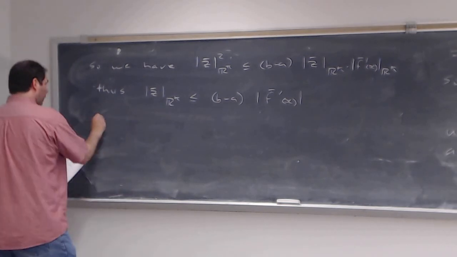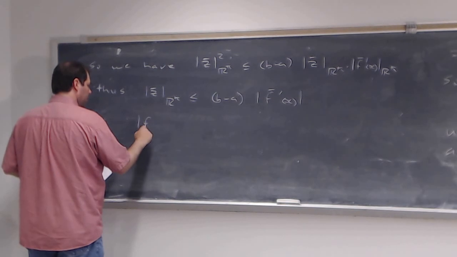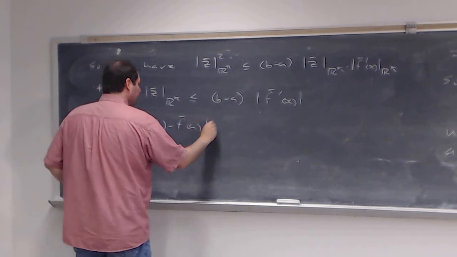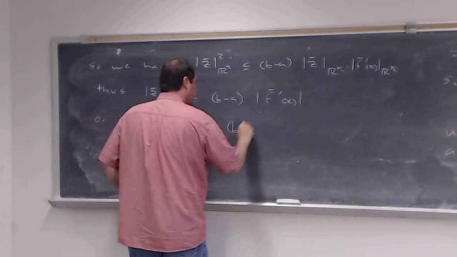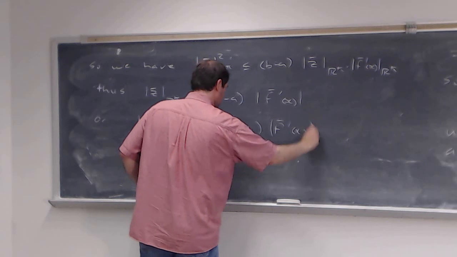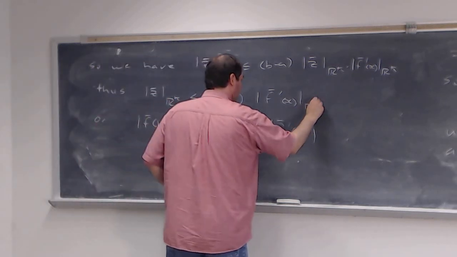And finally, this says that the RK norm of f bar of b minus f bar of a is less than or equal to b minus a times the norm of f bar prime of x. And that's what we're going to show. Remember this is the RK norm.